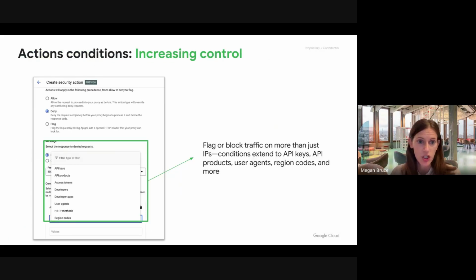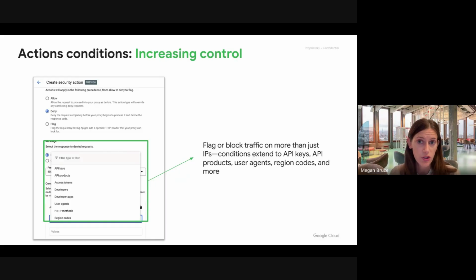The thing I wanted to show you is that when you're setting up a security action, you can see here you have the option to allow, deny, or flag traffic. You also have the option to select specific conditions. So this is not just blocking or flagging based on IP address. You can also flag or block based on API key, user agent, and region codes. If you want to flag traffic from a specific country, you can do that.